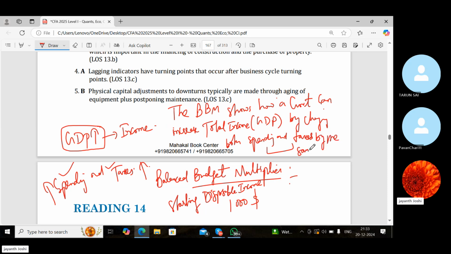That means they increase $100 of spending and they increase the taxes by $100. Okay, so the GDP will also increase by $100. That's it. By the same amount.